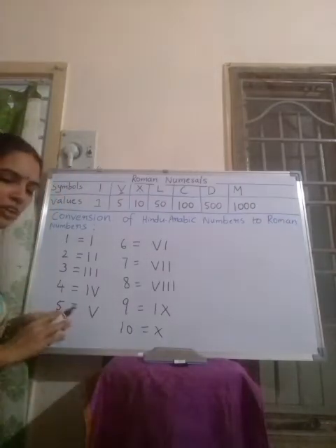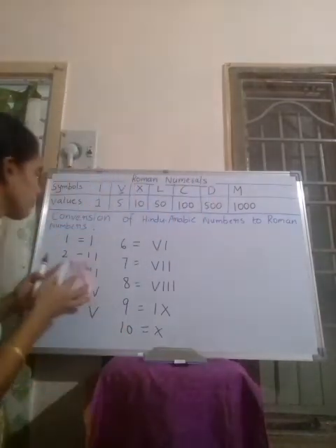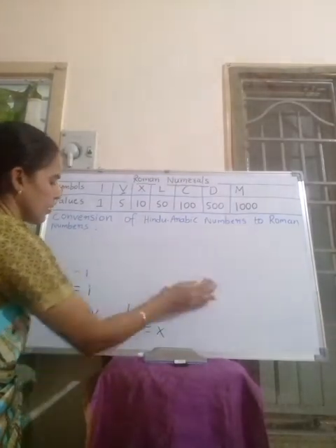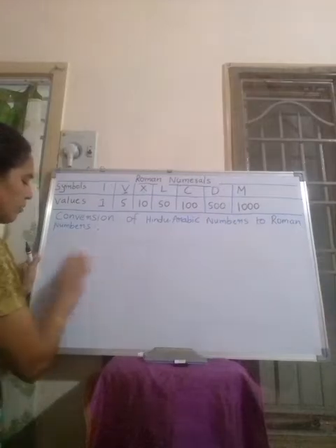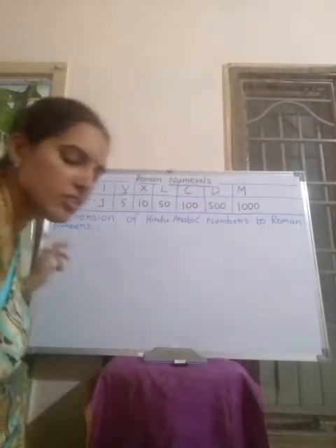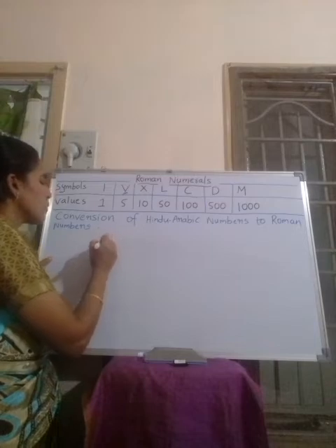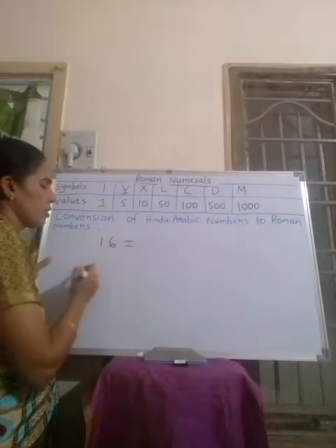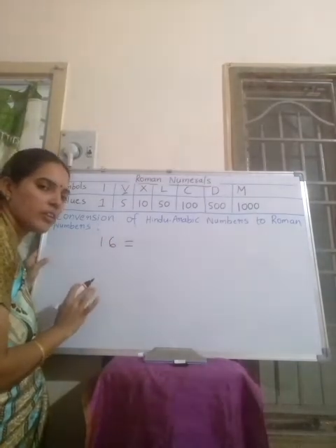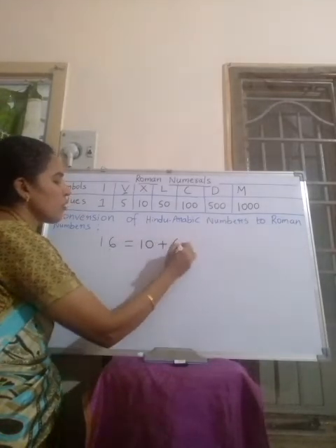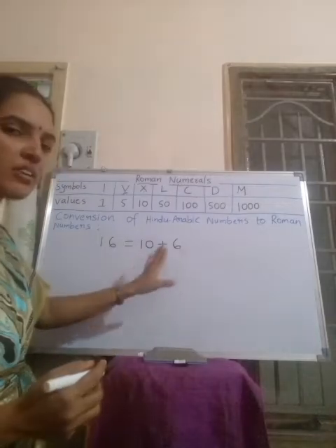Let's take some numbers now. Some 2-digit numbers first, and after that we'll go to 3-digit numbers. For example, I want to write 16 as a Roman numeral. 16 in expanded form is 10 plus 6.